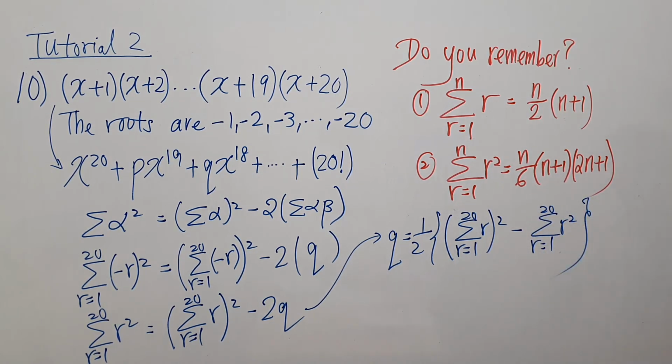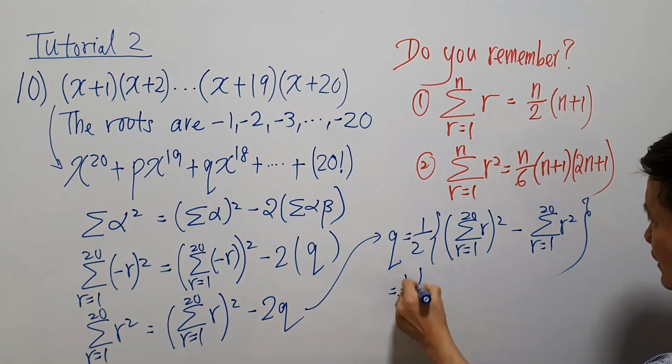And then to finish off the question, you must actually recall something that you've learned previously, in your lower years. Do you remember this formula? Summation of r formula is here. Summation of r squared formula is actually here. So you just have to now put in the formula.